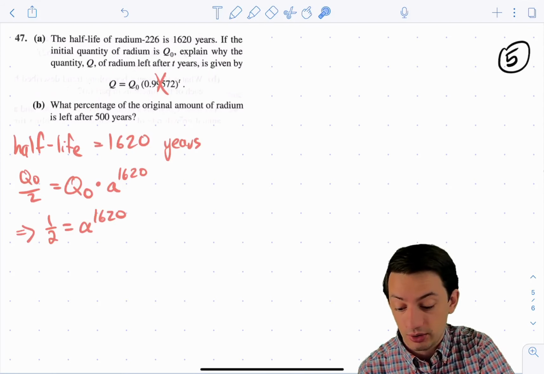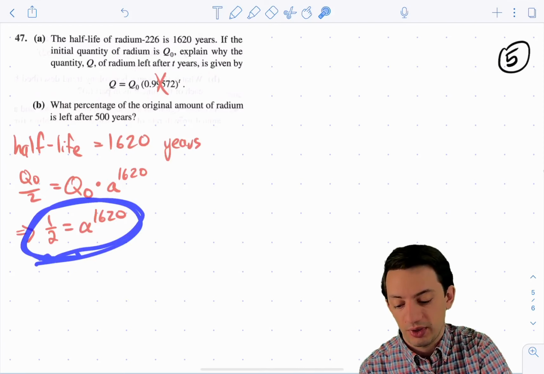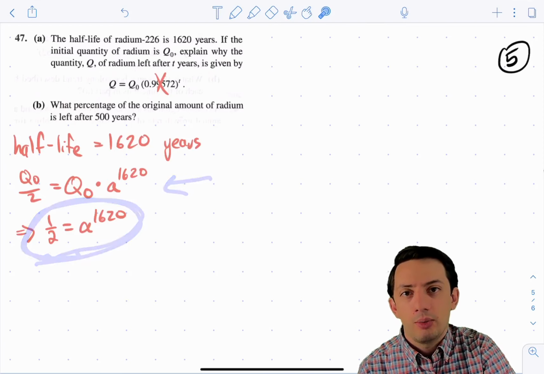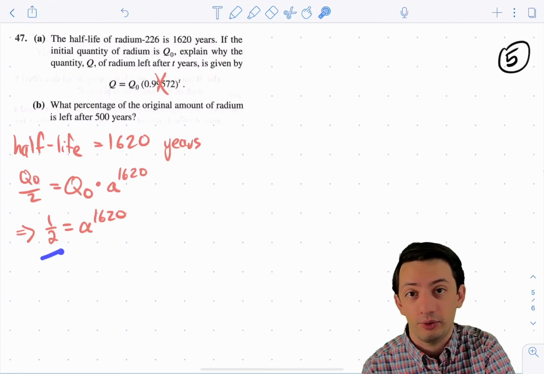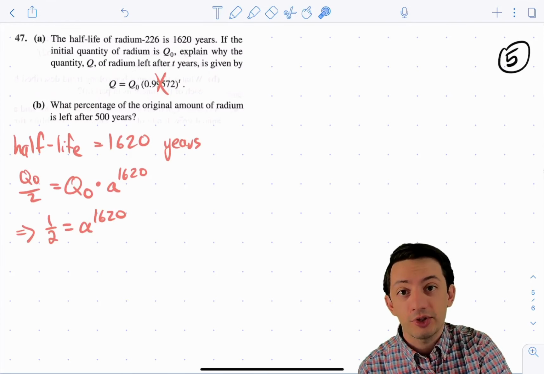Now, you might have actually just arrived at this on your own without this first step, because we didn't really need Q0. If you have a half-life, you could just say, assume for the moment I start with 1 of whatever, 1 gram, 1 kilogram, 1 bucketful. Then at the end of 1,620 years, I should have half a gram or half a kilogram or half a bucketful. So how do we solve for a?